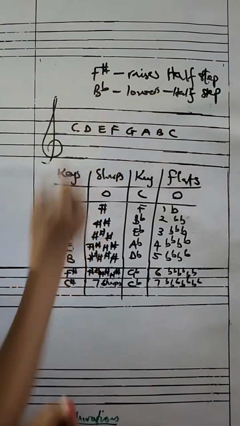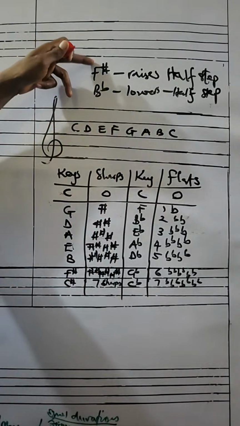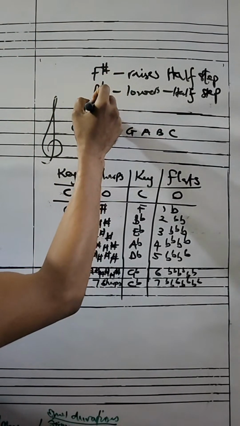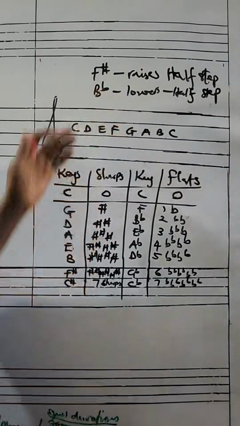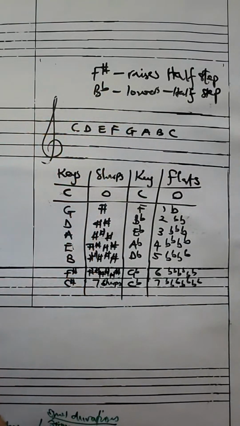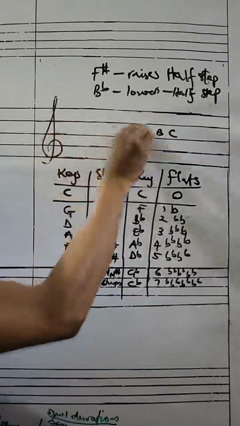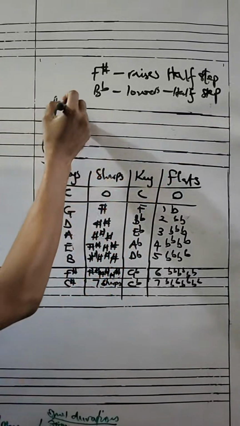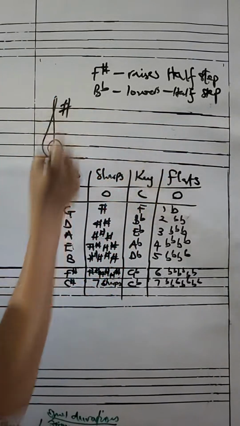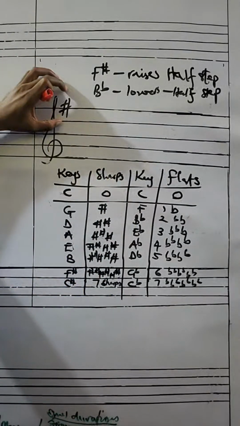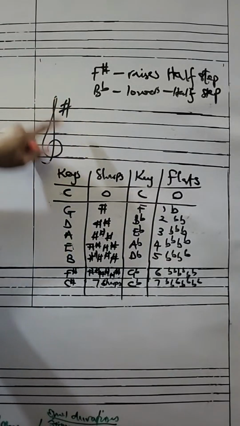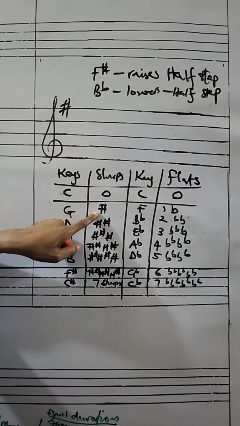So let's say we had an F sharp, and still in that bar, because the effect of an accidental remains in a bar, not when it is placed at the beginning of the piece of music. If, for instance, we have this is your key G, right? G has one sharp.